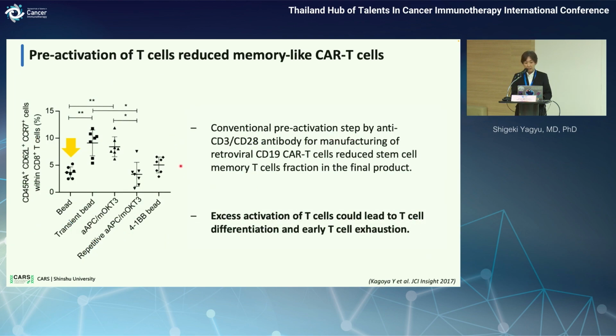Indeed, in this study, a conventional pre-activation step with CD3, CD28 antibodies for manufacturing retroviral CD19 CAR T cells reduced the stem cell memory-like T cell fraction in the final product. So the excess activation of T cells could lead to T cell differentiation and early T cell exhaustion.